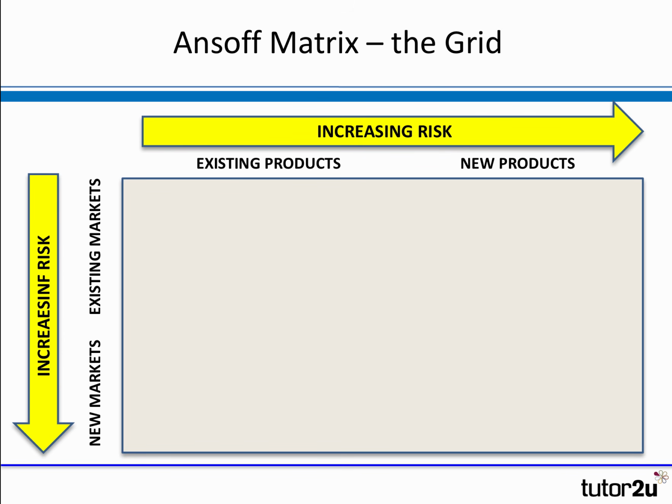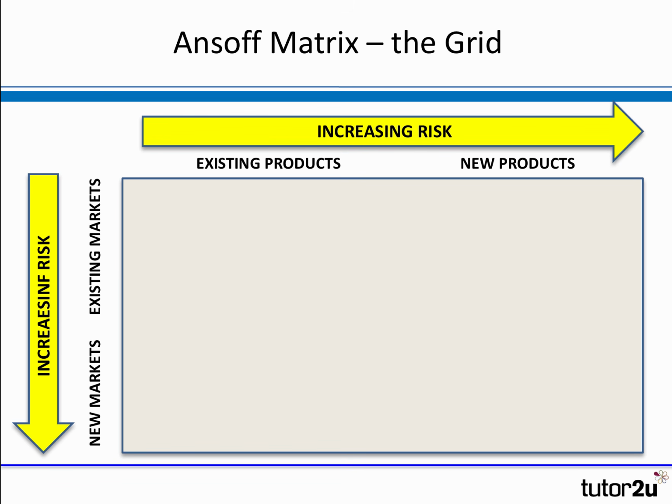So as you draw your grid and look at the four options, which we're going to go through briefly, it's important to remember that this is all about choice. Business strategy is all about choice. So the two dimensions I mentioned, products and markets, but look at the yellow arrows there, because what's often forgotten about the Ansoff Matrix is that as you move from the top left-hand corner, the choices a business makes in terms of its growth strategy usually involve increasing degrees of risk.